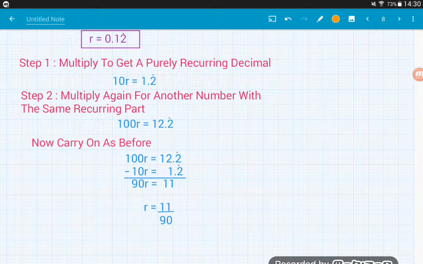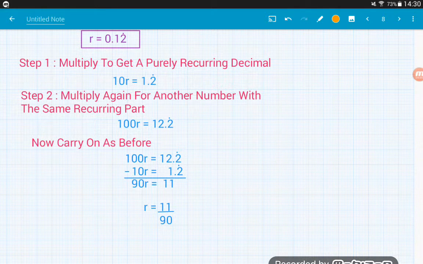So there is a little extra step in here. The first thing that we need to do is a multiplication so that we get a number with a purely recurring digit. So here if we multiply 0.12 recurring by 10, the decimal point moves to the right by 1 place and is going to give us 1.2 recurring.